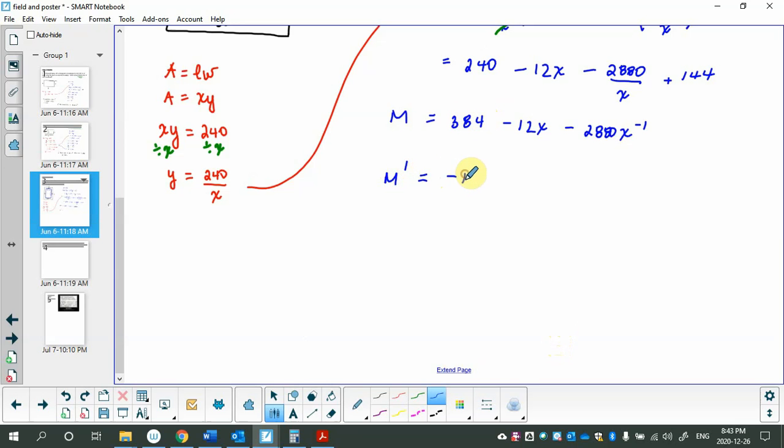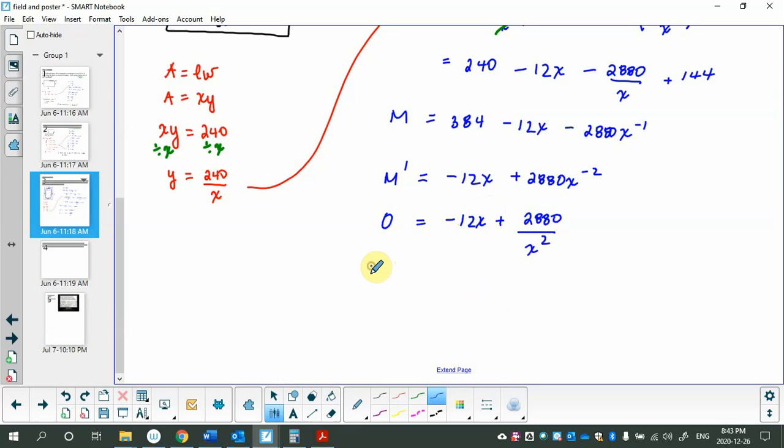0 minus 12 plus 2880x to the negative 2. So 0 equals negative 12x plus 2880 over x to the positive 2.